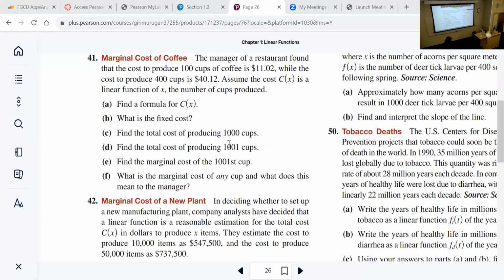No. Kevin, why not? It's because they're both positive slopes. True. There is going to be a fixed cost.